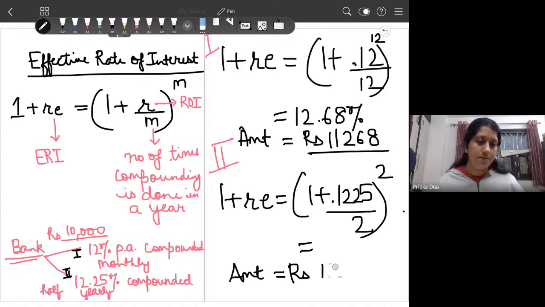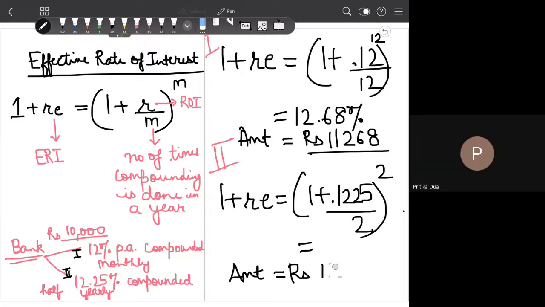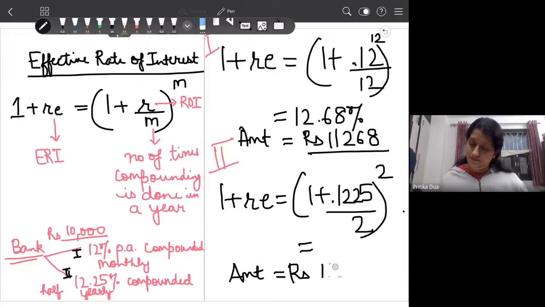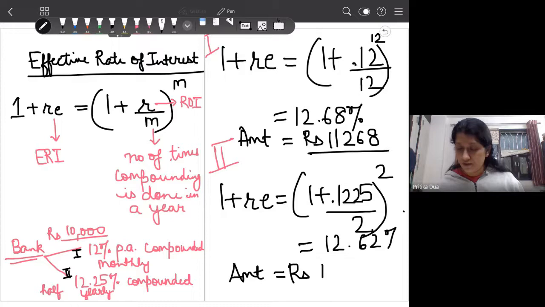So this is coming to 12.62%, which you see is lower than the first option.